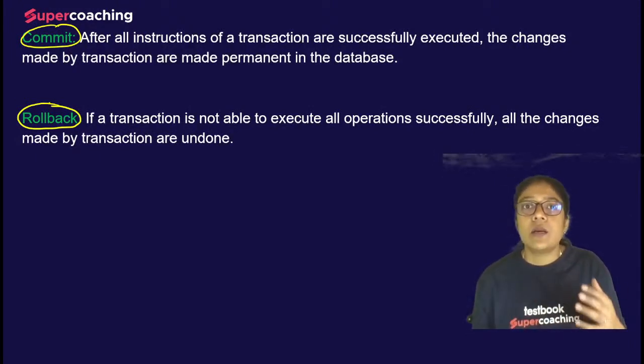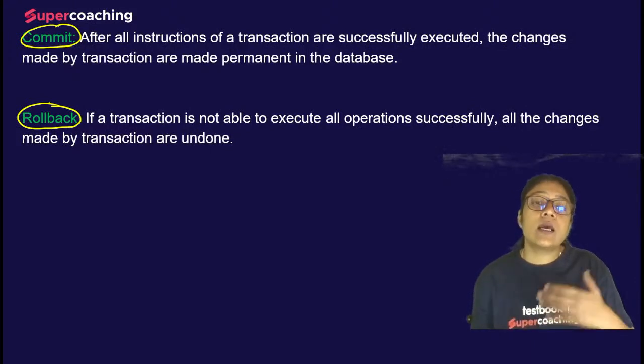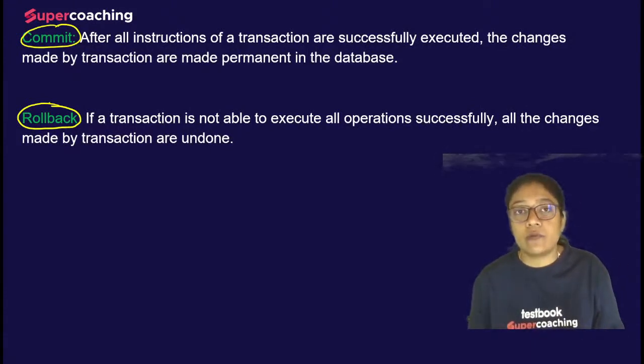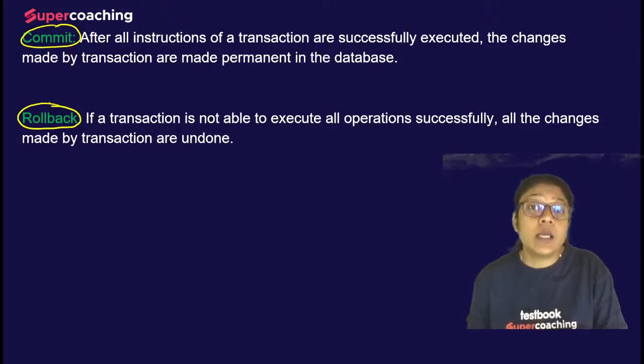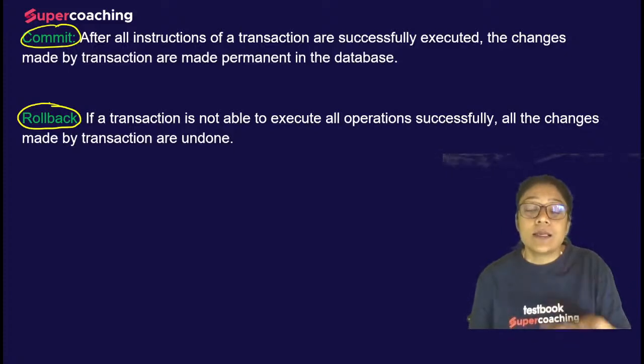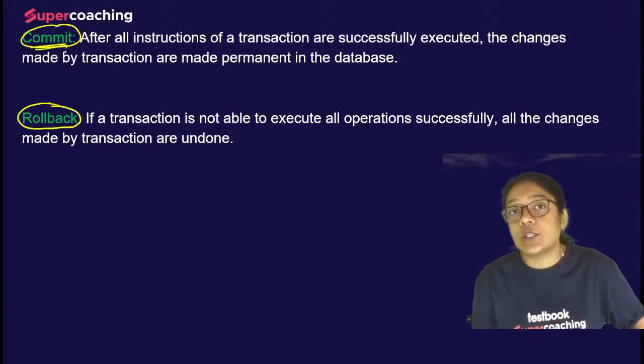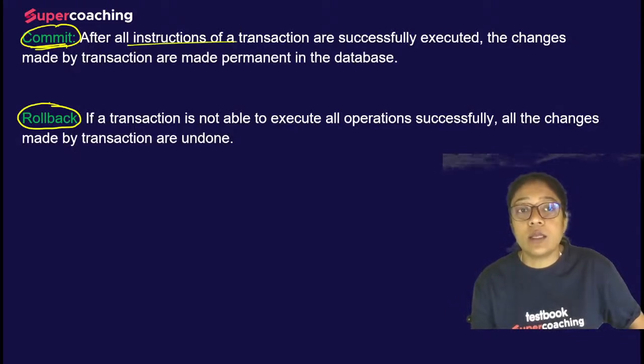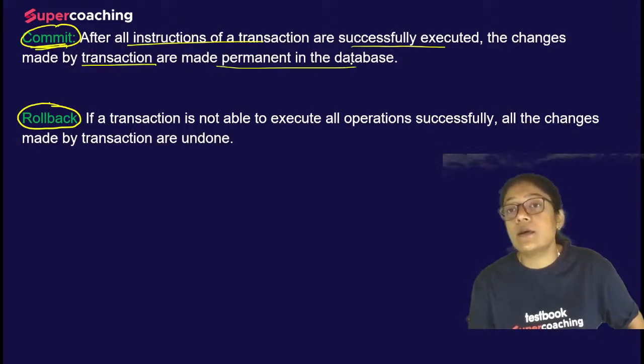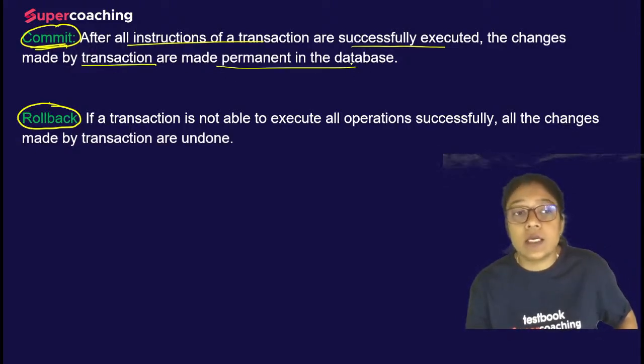So that if after some time we want to refer to that data, we can refer to it, so that we make the changes permanent to that file, right? Similarly here in the database, if we want to make the changes permanent to the database, then we are going to commit the transaction. So commit means after all the instructions of a transaction are successfully executed, the changes made by the transaction are made permanent in the database. So these changes become permanent.